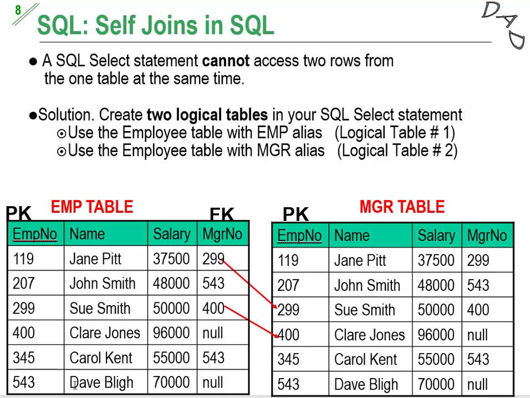Now the question is, since we have the same table, if you run SQL queries in order to select some rows, we have a problem because SQL select statements cannot access two rows from the same table at the same time.